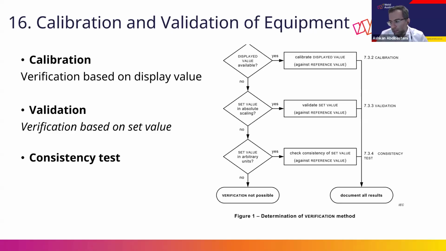Consistency test is also performed to ensure reliable operation, but the choice of the verification technique depends on the power source and whether it provides a display value and or a set value or uses some arbitrary units. If you have a look at this flowchart that I extracted from the IEC standard, there is a very clear pathway to the appropriate technique and the appropriate method.